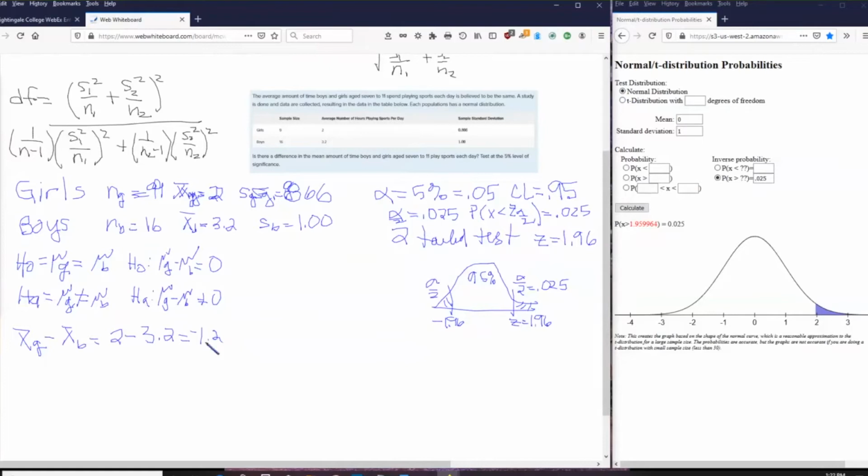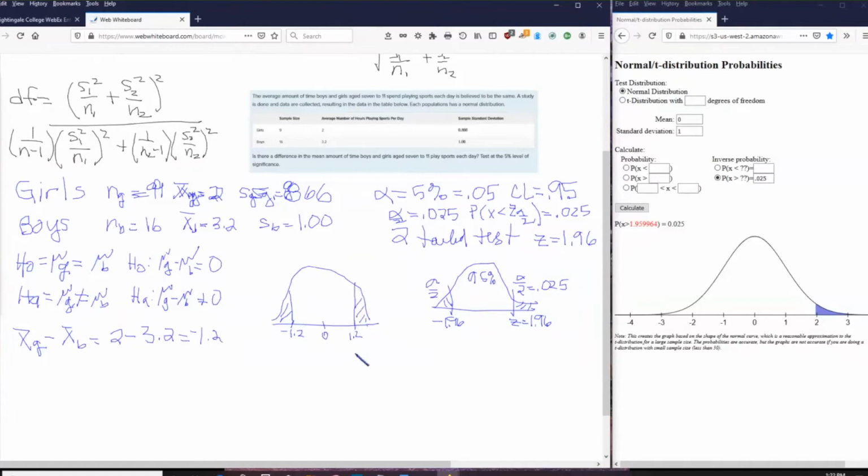Okay, so on this comparison graph, the population difference is 0, and then I got a difference of minus 1.2, and I know it's a two-tailed test because it's equal. So that means I can also look at my other point, which is 1.2.